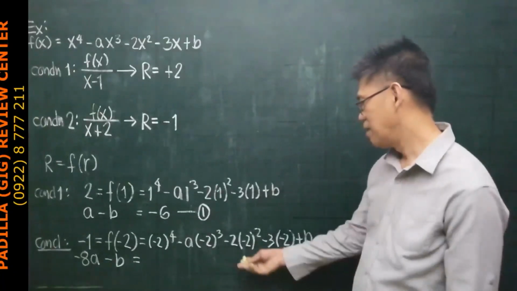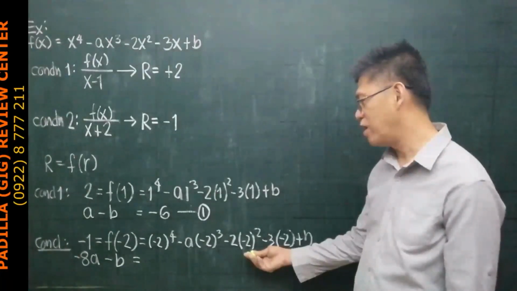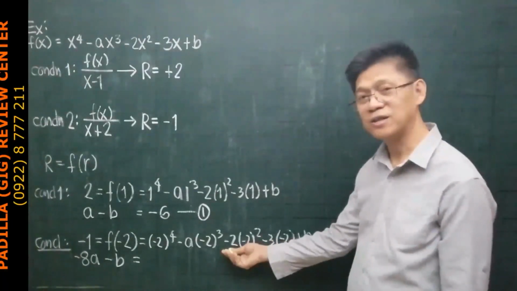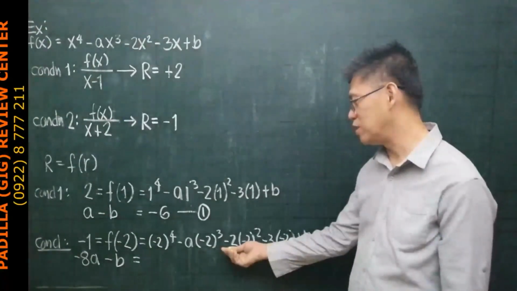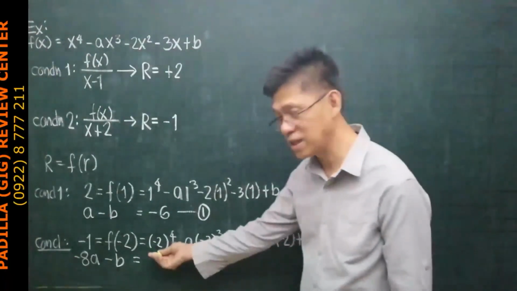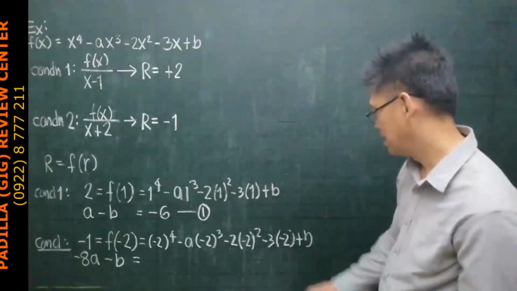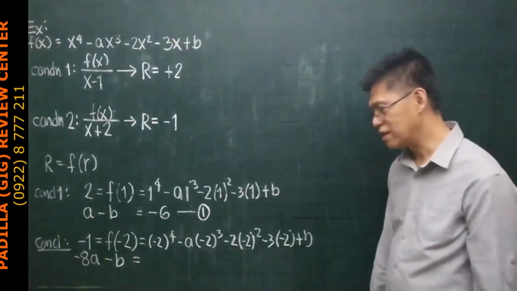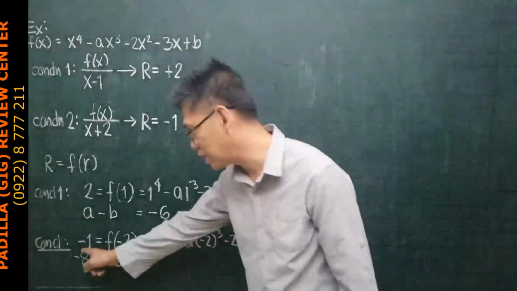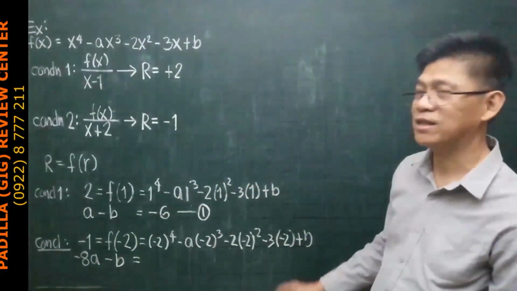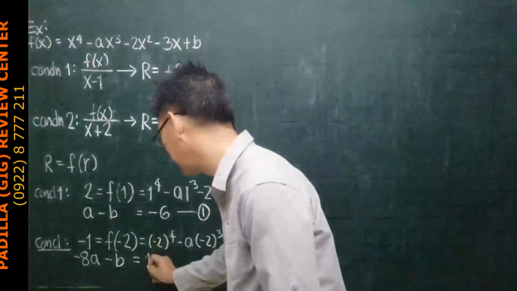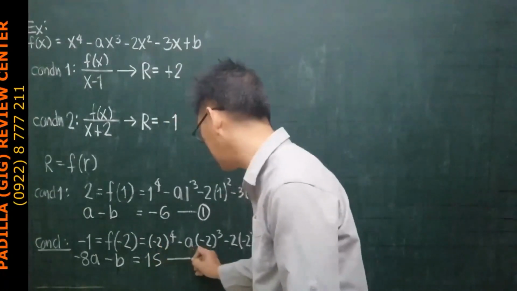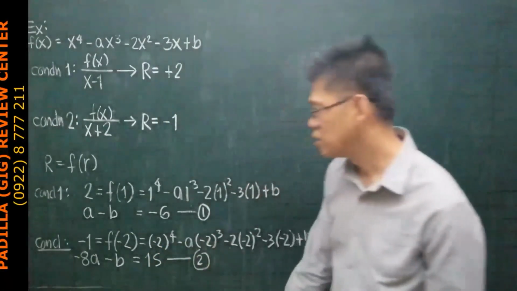16, minus 2 squared, 4, minus 2 times 4, negative 8, plus 16, 8. Plus 6, 14. Move this to the right, plus 1. So this is plus 15. This is equation 2.